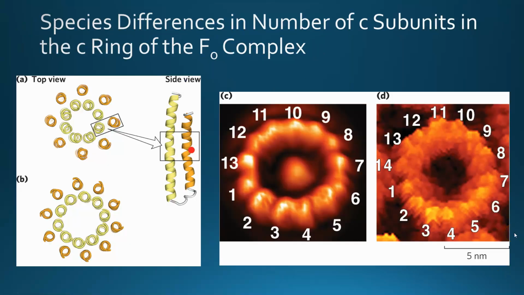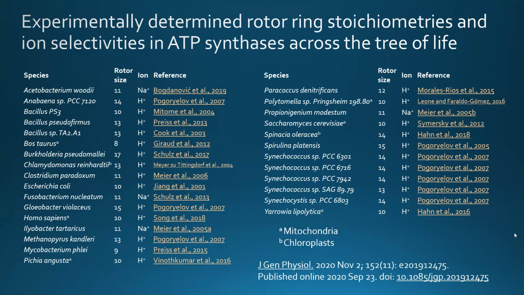Here are a couple of examples of fluorescent confocal microscopy showing differing numbers of C units in the complex. These two have 13 or 14, and I looked up some research articles about the total numbers of those. Notice that humans have 10, as do yeast. So yeast are a good model for human ATP synthase.